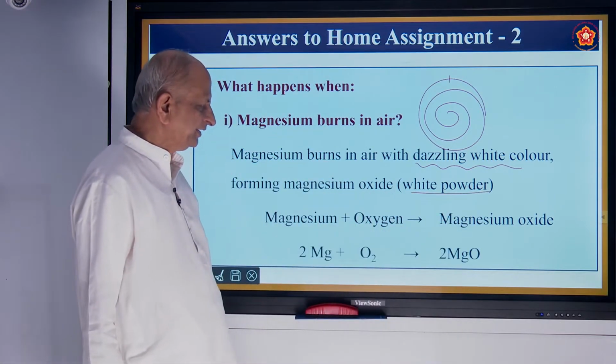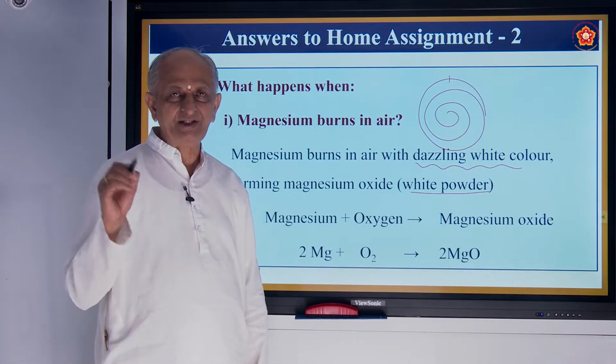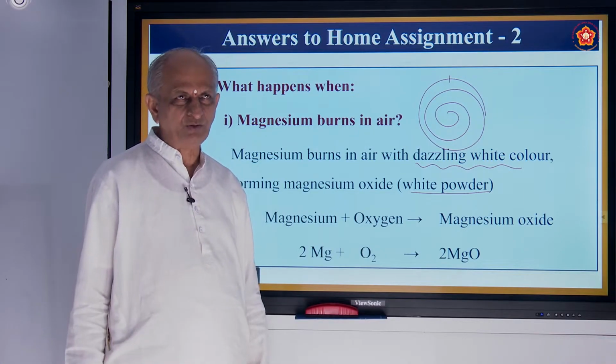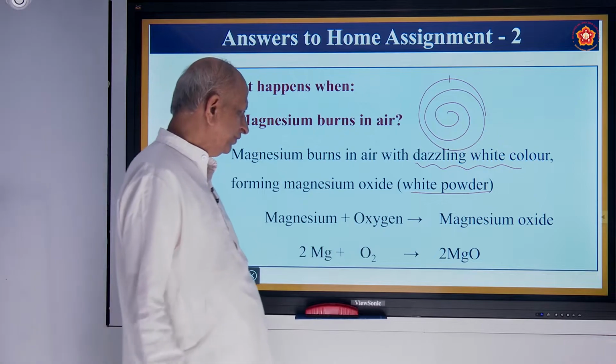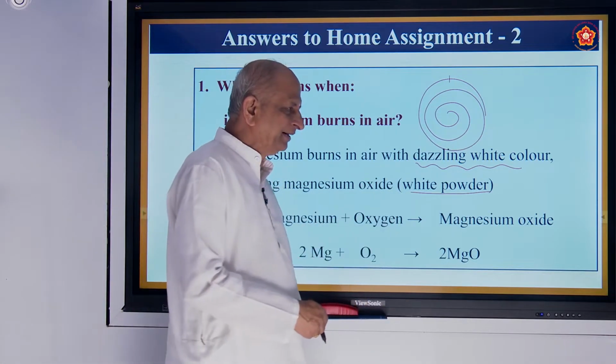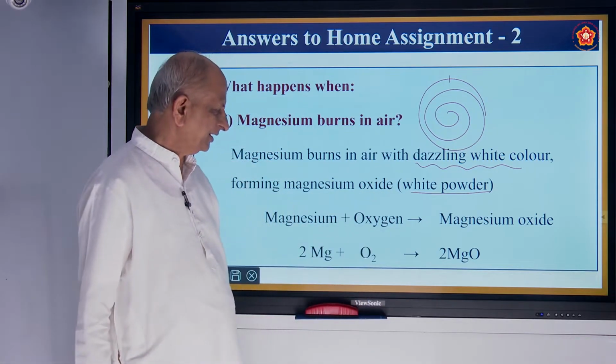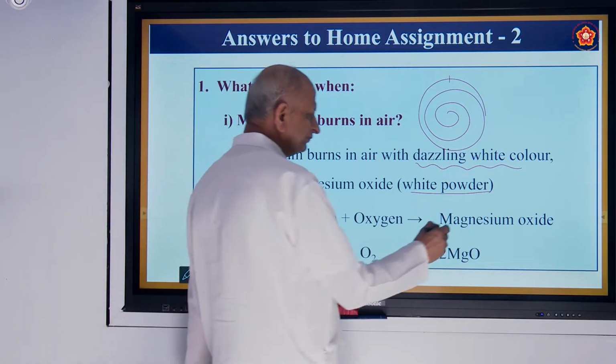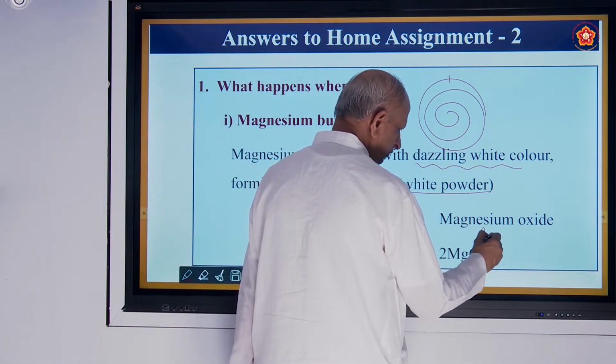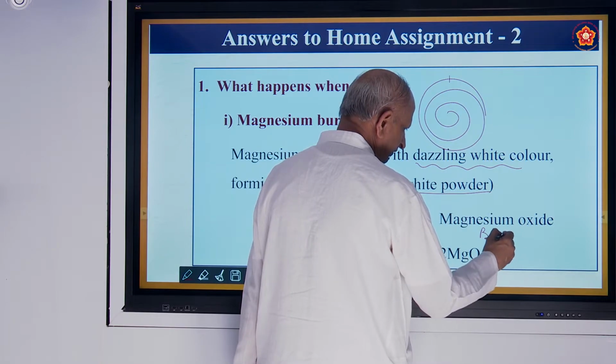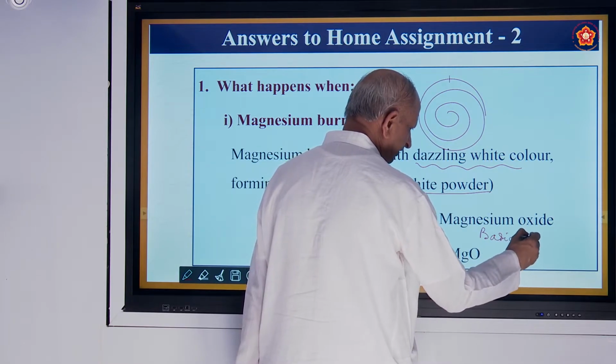And what kind of oxide is it? It is a basic oxide. How do you know? Suppose you dissolve it in water and bring a litmus paper, red litmus becomes blue, which shows that this magnesium oxide is a basic oxide.